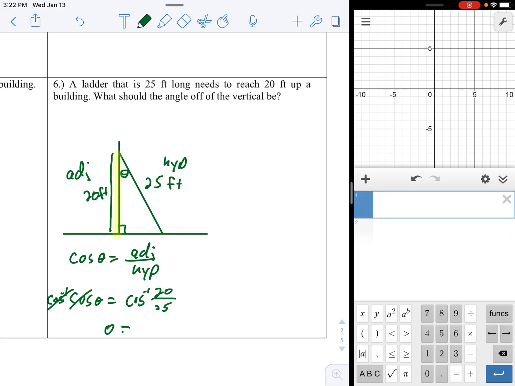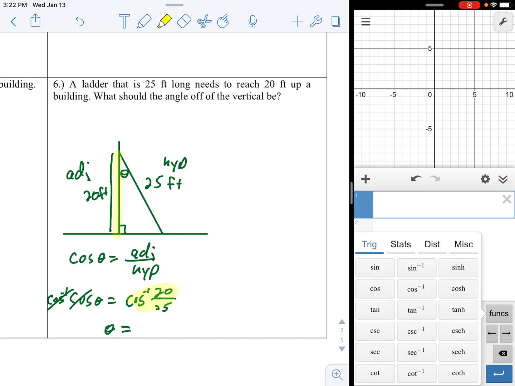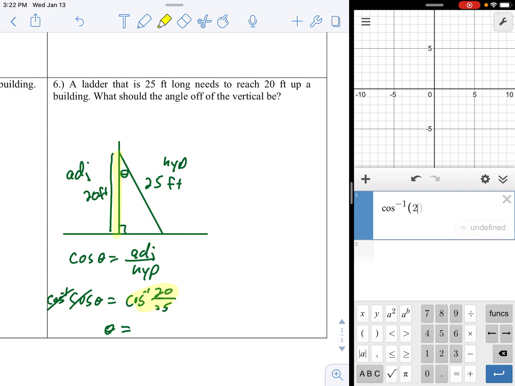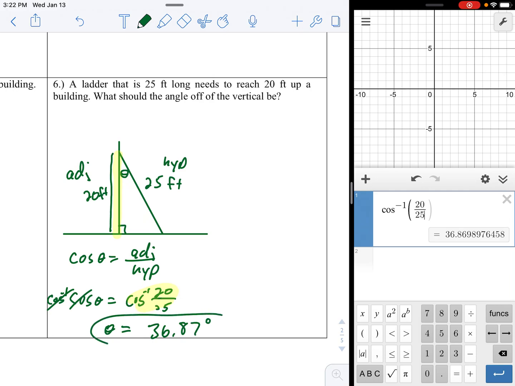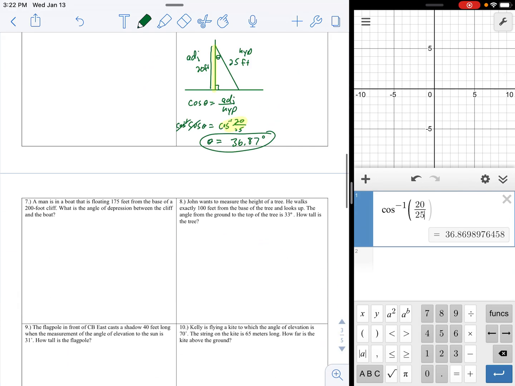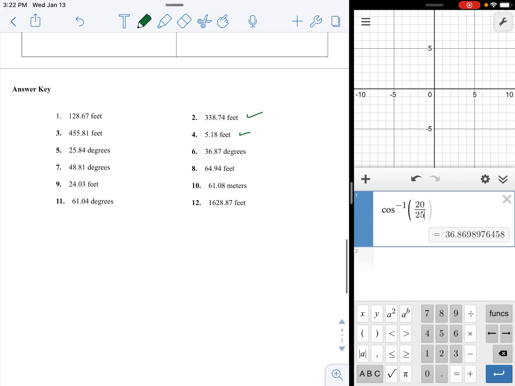So theta equals this. Just go to your calculator. So function inverse cosine 20 over 25, and I get approximately 36.87 degrees. Number 6 should be 36.87 degrees, and indeed it is.